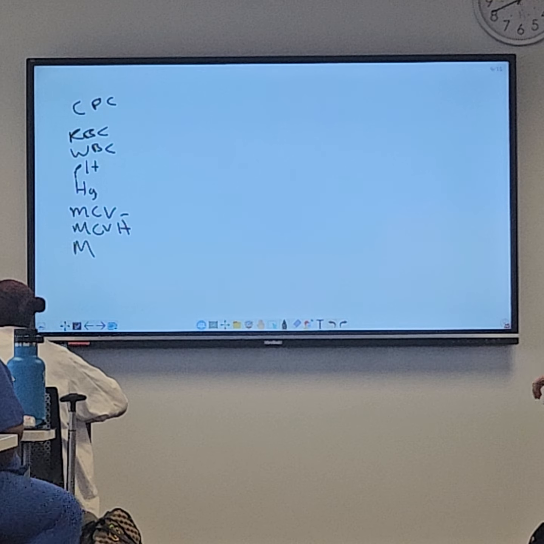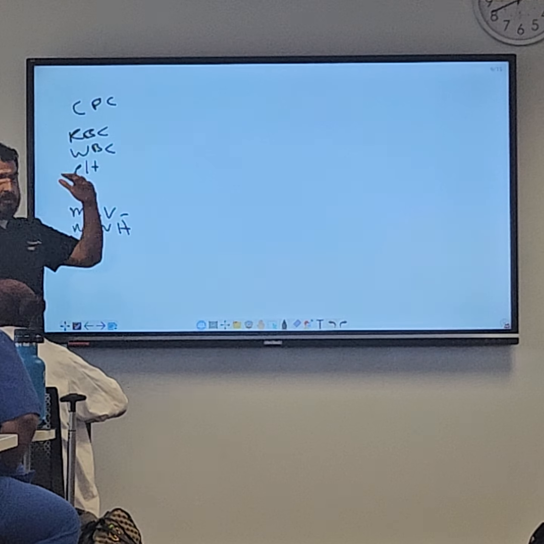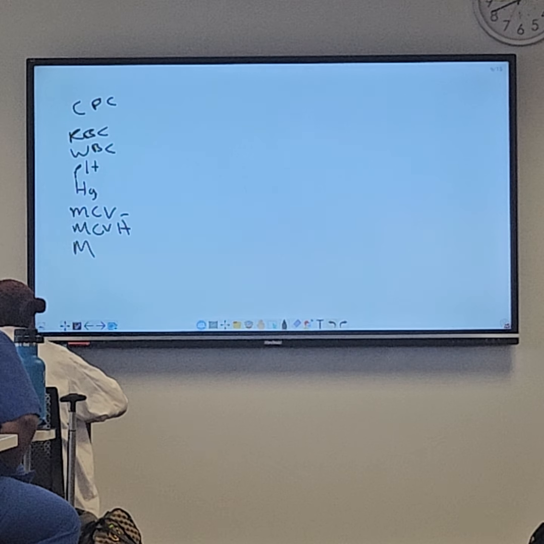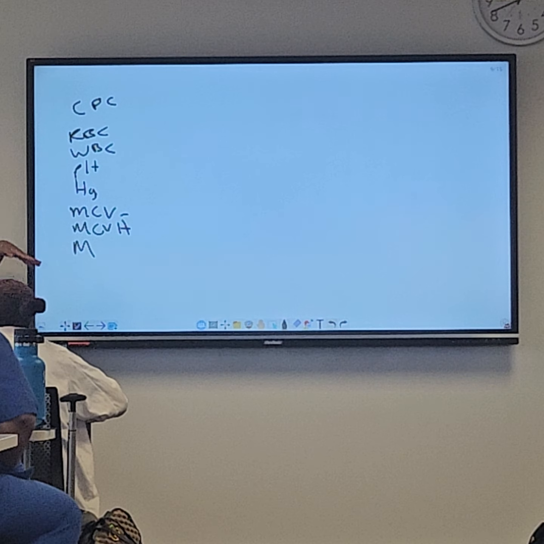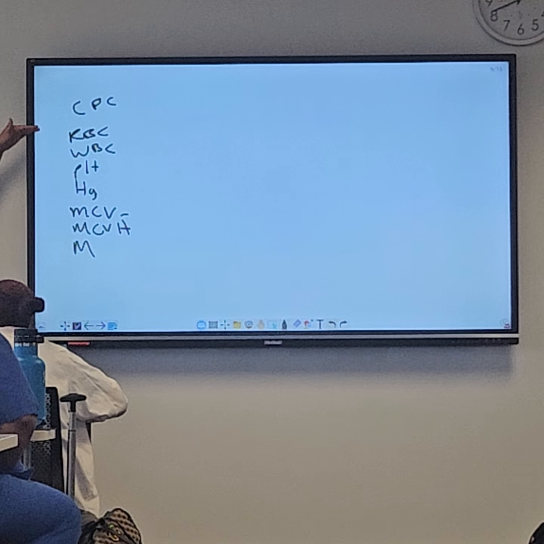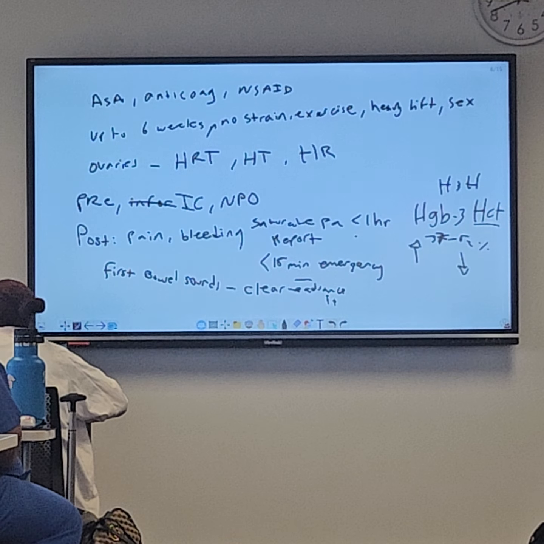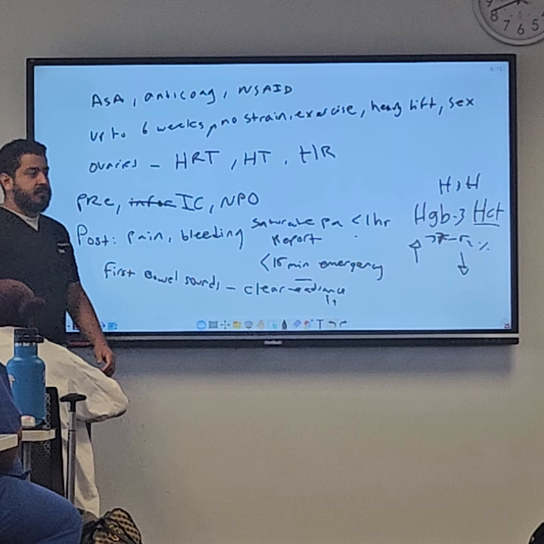So you can determine blood cell volume, like the size. A hematologist will look at this. This will start telling you more about the actual red blood cells. Okay, so this is all just for anemias though. For the bleeding, it's just H and H.